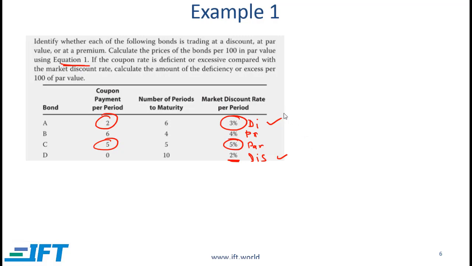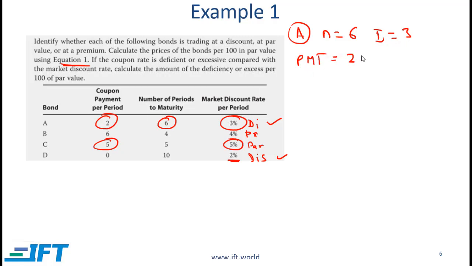You need to understand equation 1, which is simply discounting using the time value of money, but that's what the calculator is doing. So use the calculator. I will do this for bond A first. We have 6 periods, so n is equal to 6. The interest rate is 3, so you plug in I is equal to 3. Payment is based on the coupon payment, so that is equal to 2.